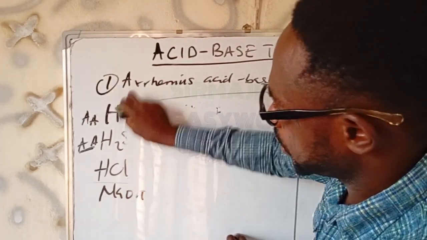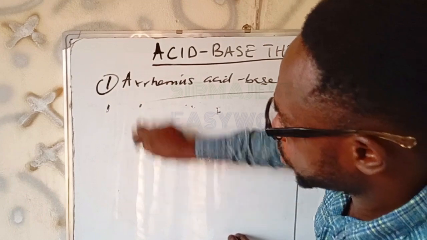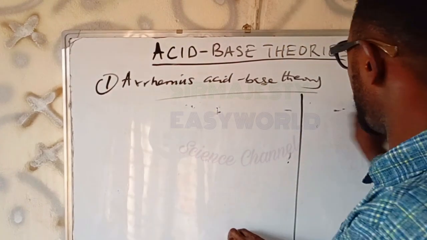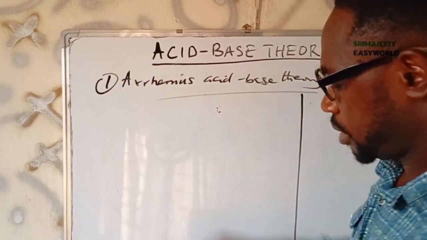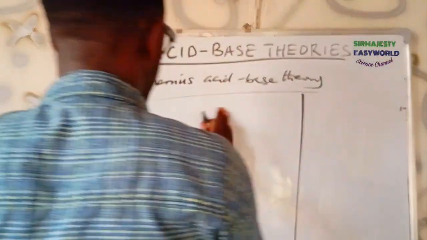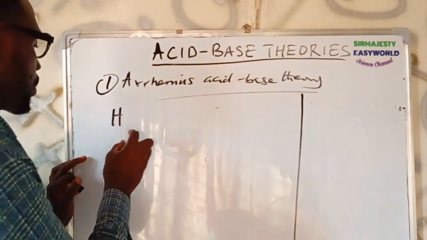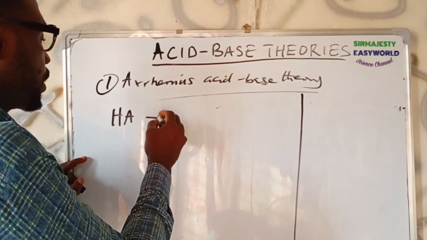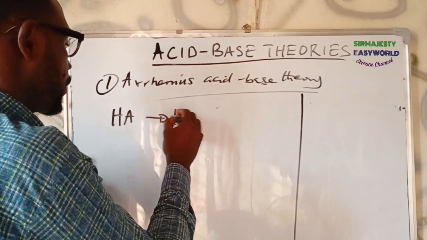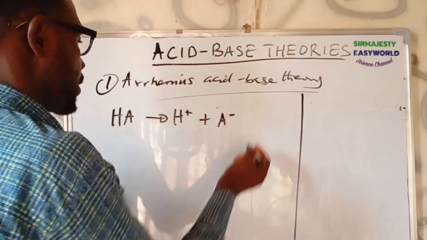So let us see the dissociation constant of a monobasic acid. We have such an acid as HA, and when it dissociates it gives you H plus and A minus.